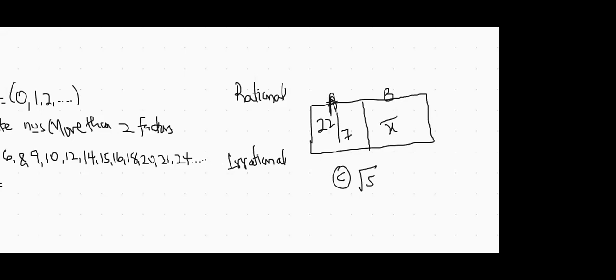Because a rational number is a number that can be expressed as a ratio of two integers. So someone has just given us a wonderful explanation about rational numbers. The rational numbers can be expressed as a ratio of what? Two integers.